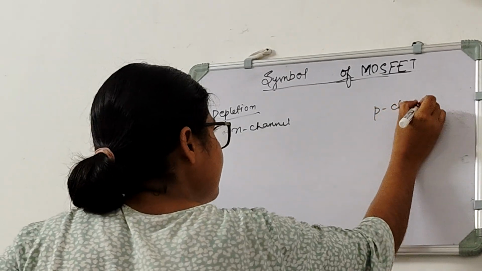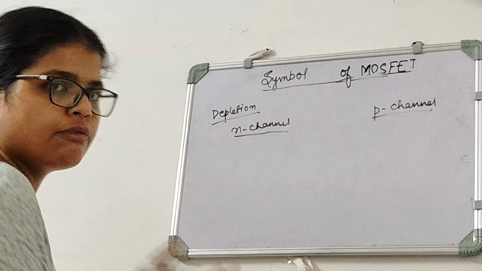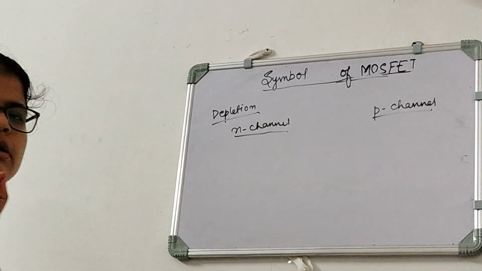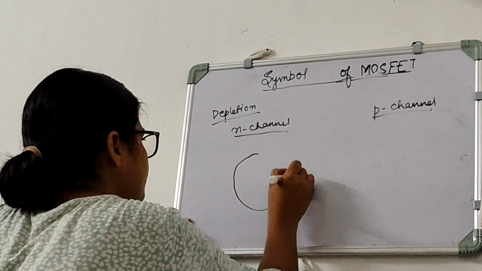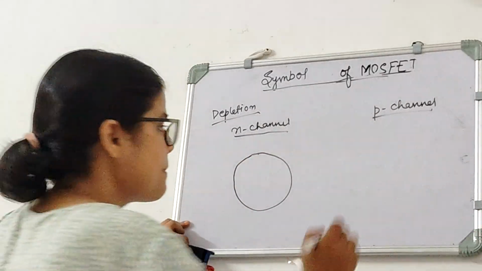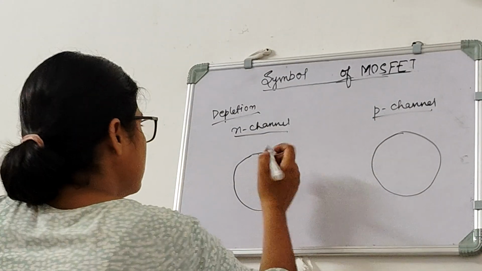Now N channel and P channel both have a similar kind of symbol, but there is only one small difference. So in N channel, we will first draw a round circle.